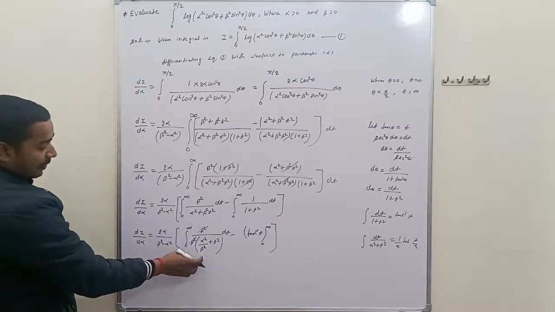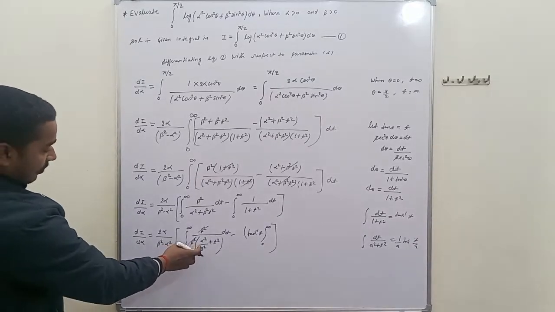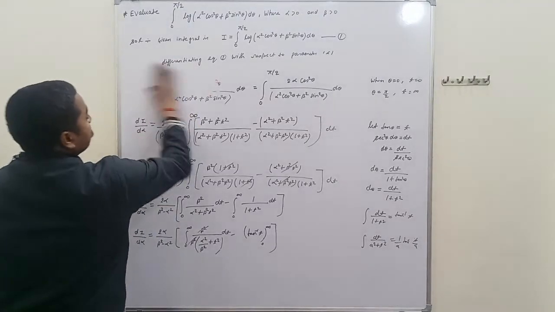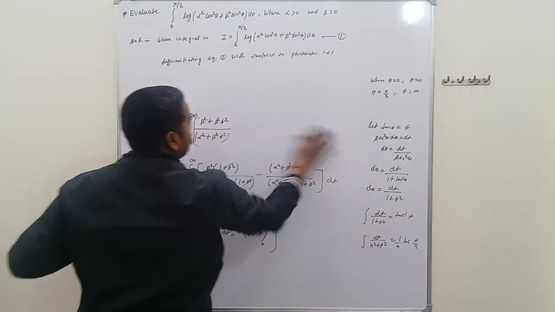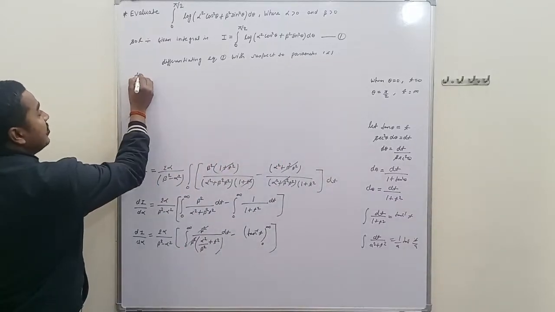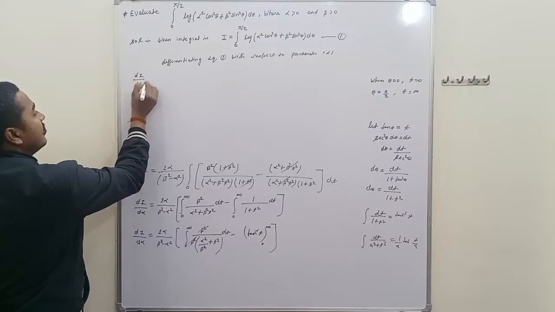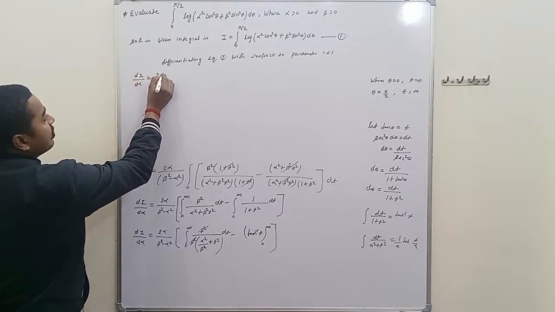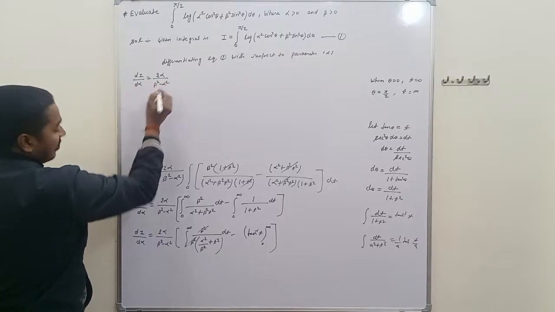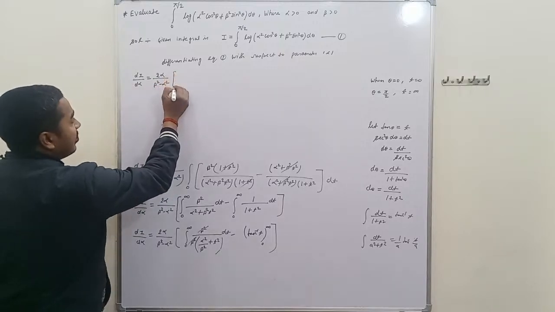We can also assume here, that this is given by, once again, di upon d alpha is equal to 2 alpha upon beta square minus alpha square, and the bracket is open here.